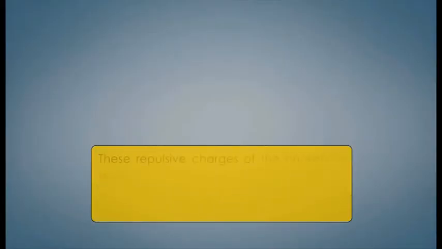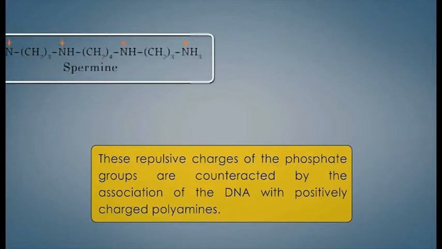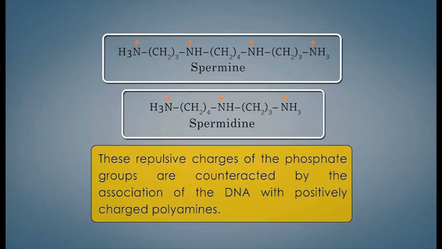The free DNA molecule occupies a large volume due to the charge repulsion between the negatively charged phosphate groups. These repulsive charges of the phosphate groups are counteracted by the association of the DNA with positively charged polyamines such as spermine and spermidine inside the cell.